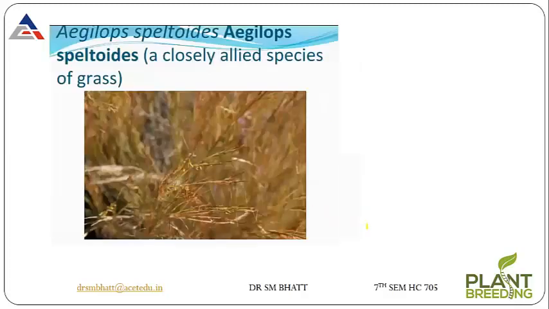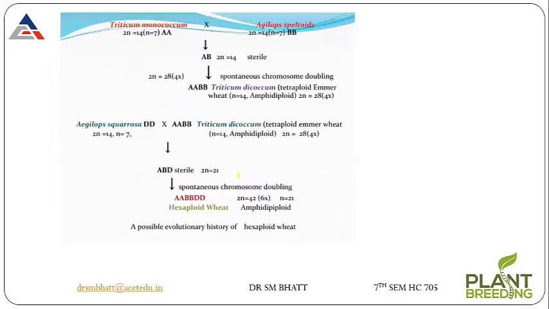So you can see closely allied species of grass that look like the original crops. When you cross Triticum with Aegilops speltoides, 2n is equal to 14, so n is equal to 7. Both are the same, n is equal to 7.